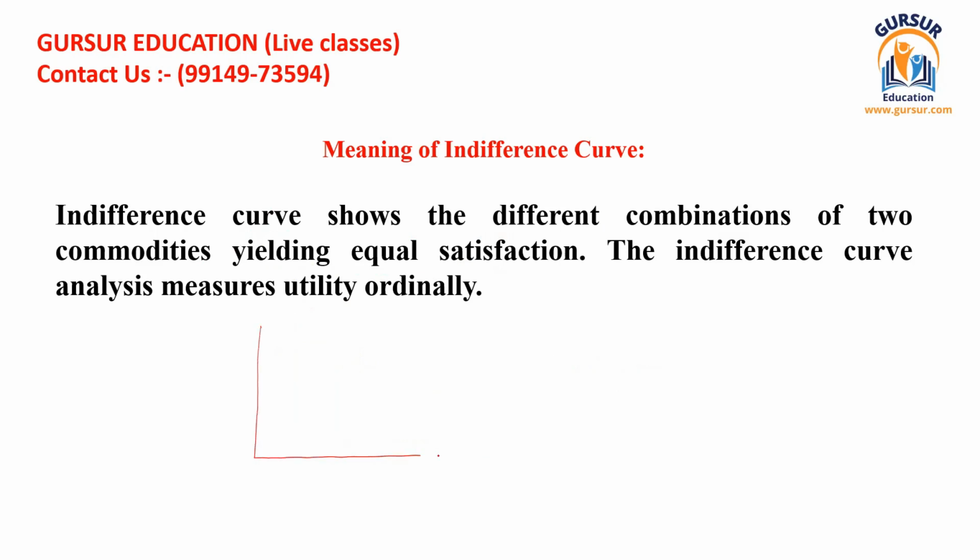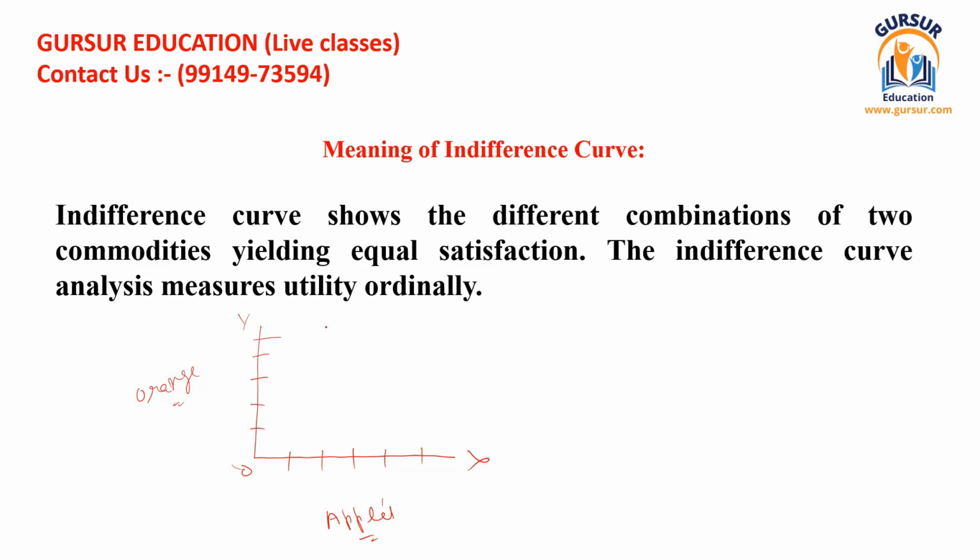If we plot OX and OY, suppose here I am writing units of apples on the OX axis, like 1, 2, 3, 4, 5, and here I am writing units of oranges, 1, 2, 3, 4, 5.